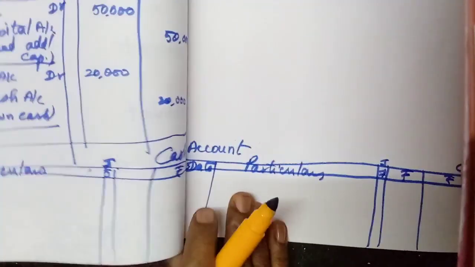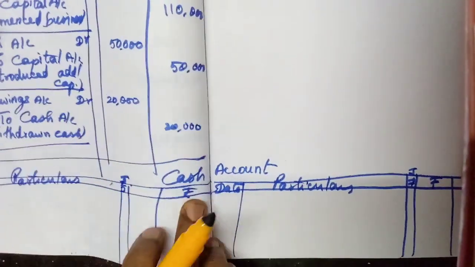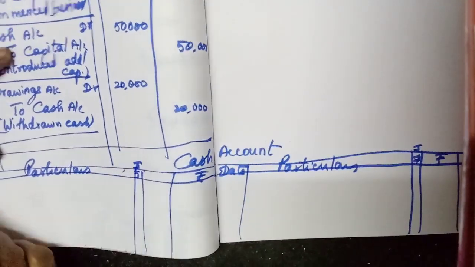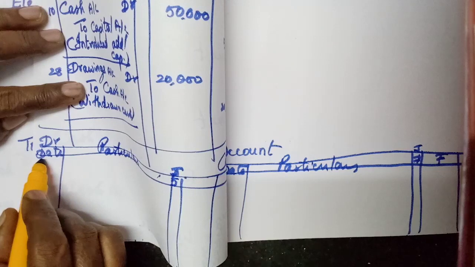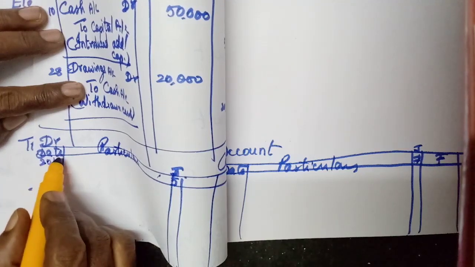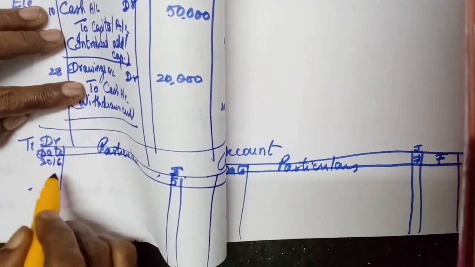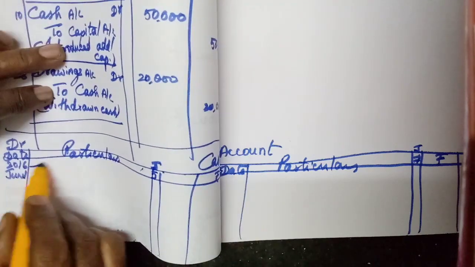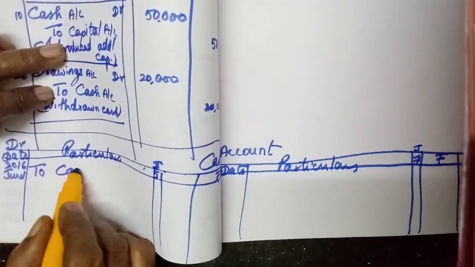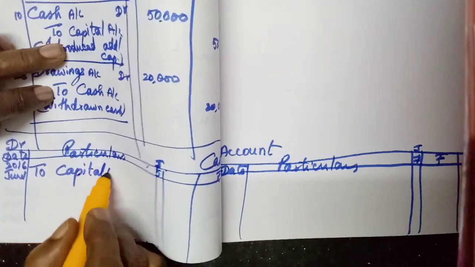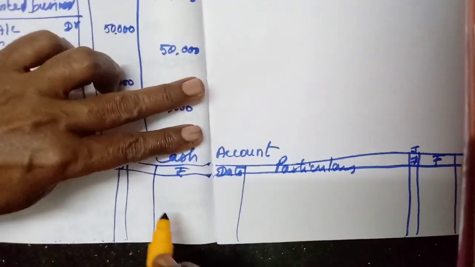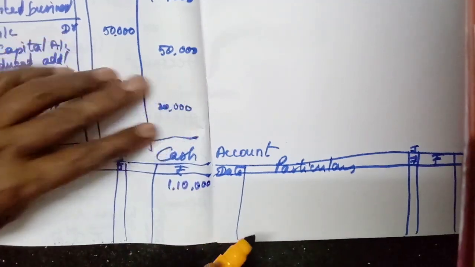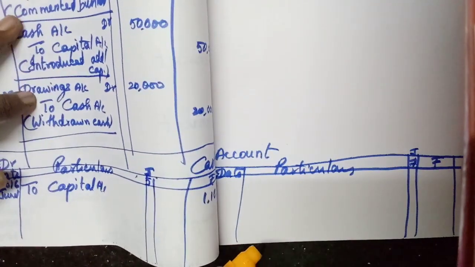Now first journal entry, cash is debited, so debit side we have to post. First we will write the date 2016, June 1, to capital account. How much? 1,10,000. Second entry also debited cash.